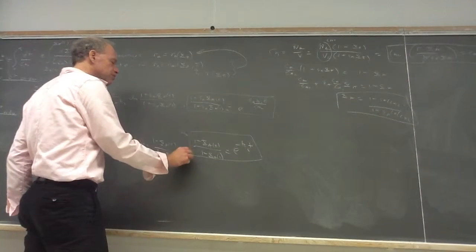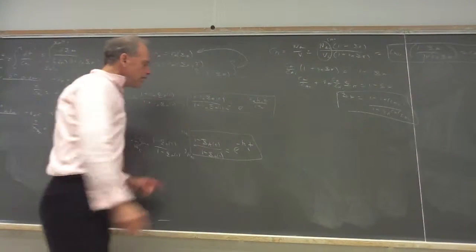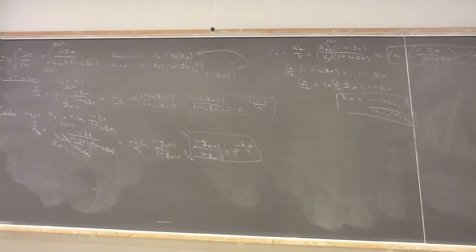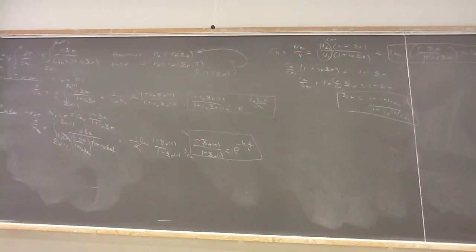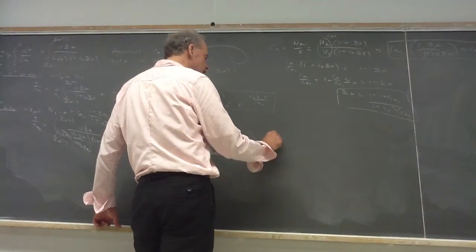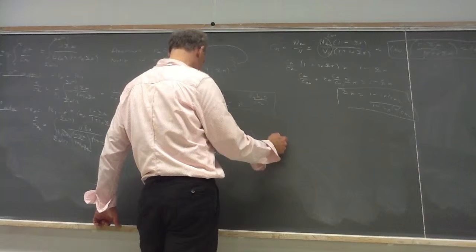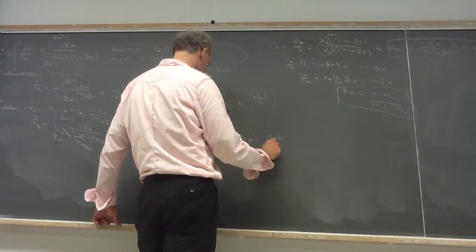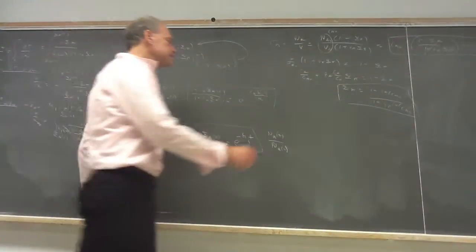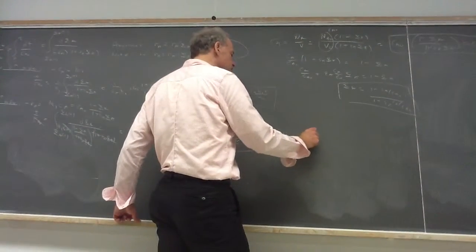If I multiply by NA0, NA0 times 1 minus XA is just NA. So this is just equal to NA of t over NA of 0 at t equals 0, and that's equal to e to the minus k1t.